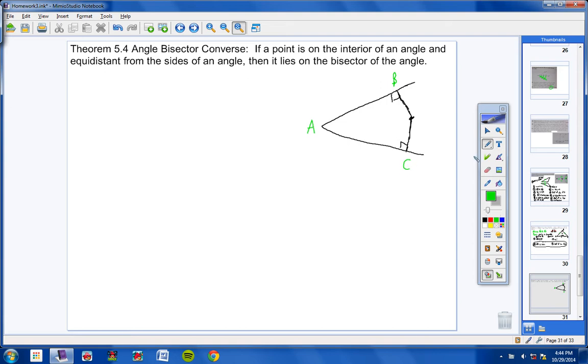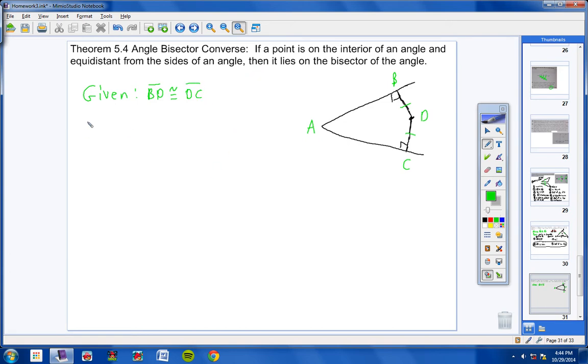Okay, there we go. So my given is, if a point is in the interior of an angle, which it is, and that point is equidistant from the sides, so I know that, we'll call this D. I know that BD is congruent to DC. Okay, there we go.